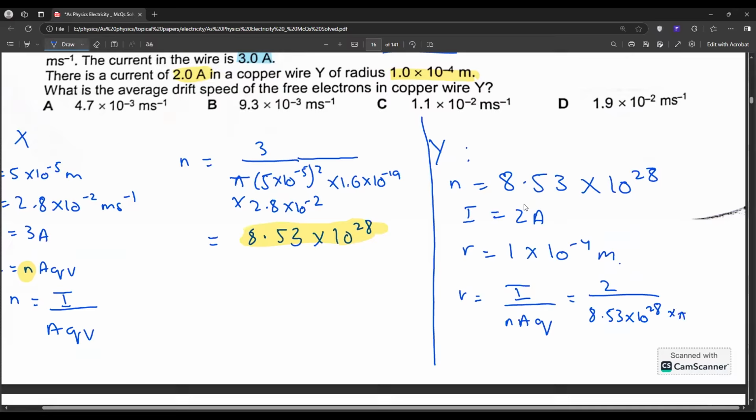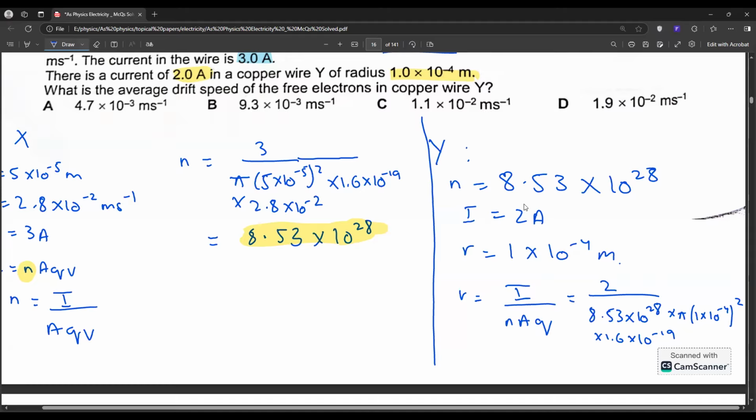Pi into the radius squared, that is 1 into 10 raised to the power of minus 4 whole square. Charge is 1.6 into 10 raised to the power of minus 19. Let's calculate this answer. 2 divided by answer into pi into 1 into 10 raised to the power of minus 4.